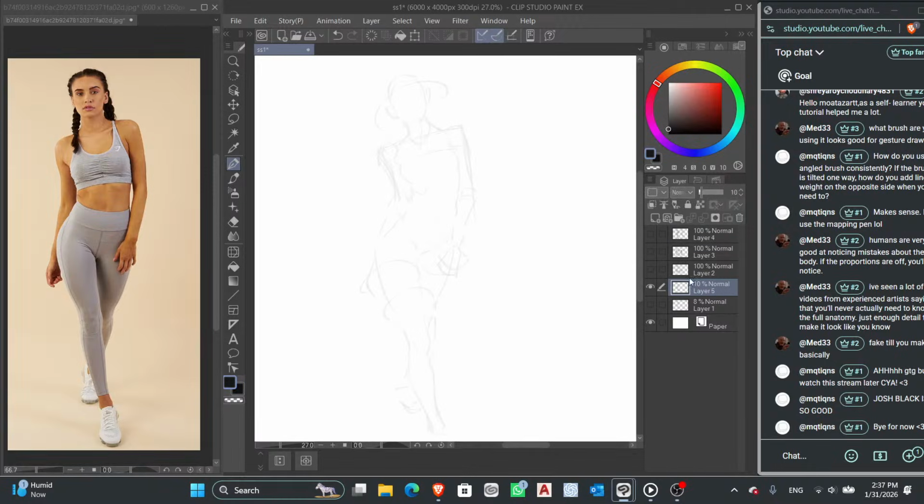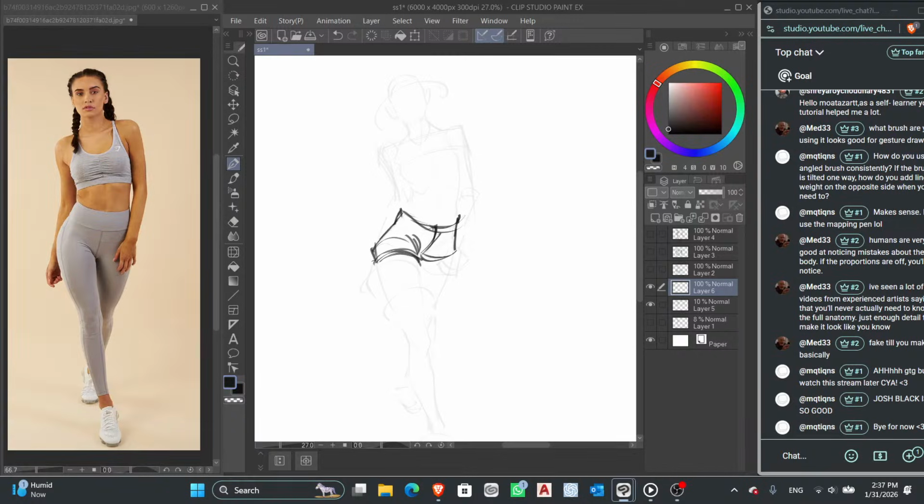If you want her to wear shorts, then you go this way. These are shorts, but be sure that they follow the curves.